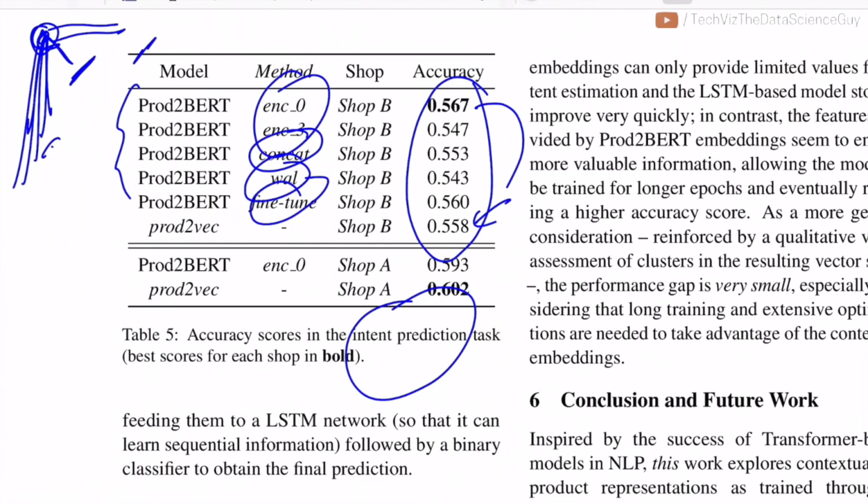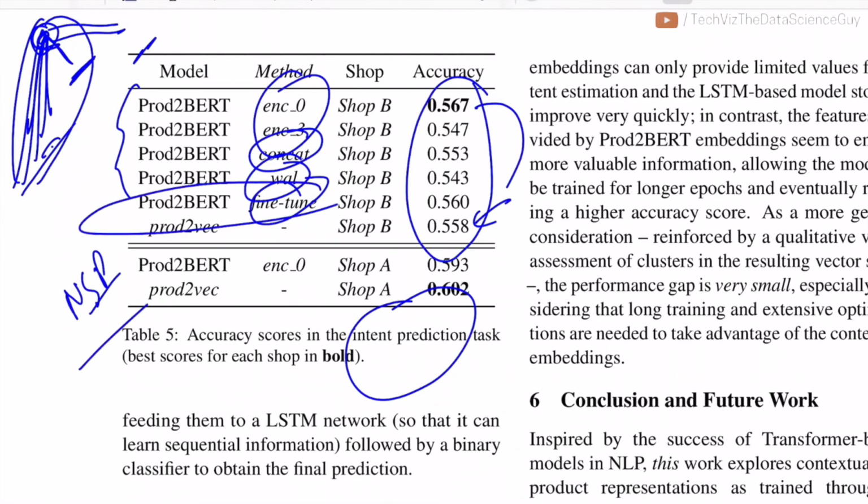But still the idea is the same, because in the original MLM training, the model would have seen such scenarios as well. So that's why prod2BERT performs better than prod2vec for that specific task, which is unlike the case in intent prediction, because this is just a sequence classification task. But probably I believe if NSP, which is next sentence prediction, was also tuned, apart from just the MLM, then we would have seen a gain in the intent prediction task as well, at least for the prod2BERT fine-tuned variant.